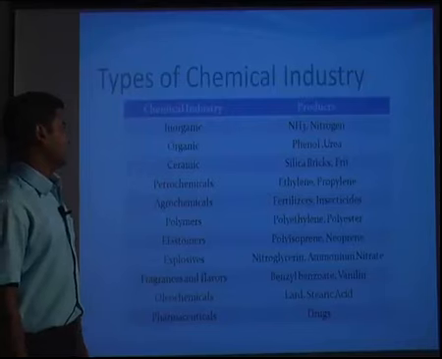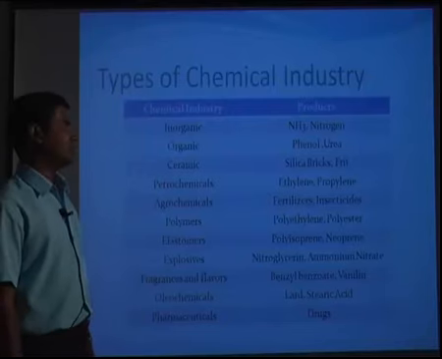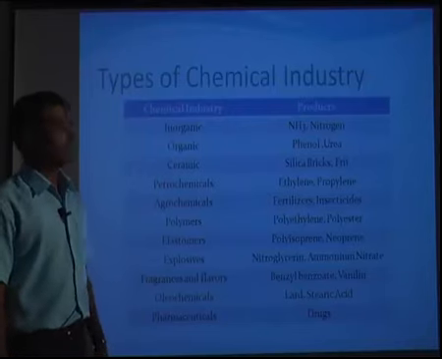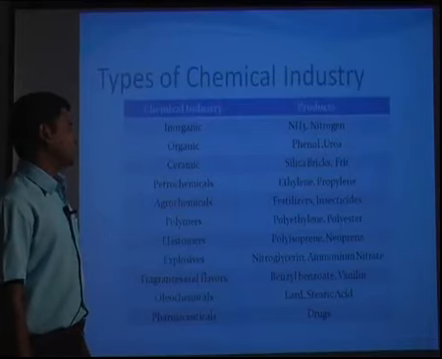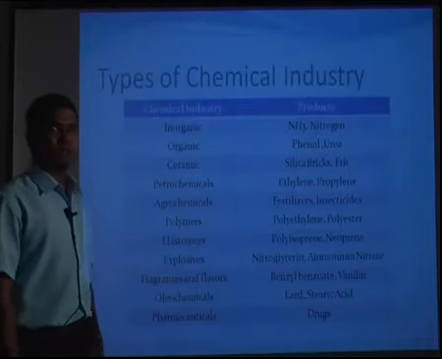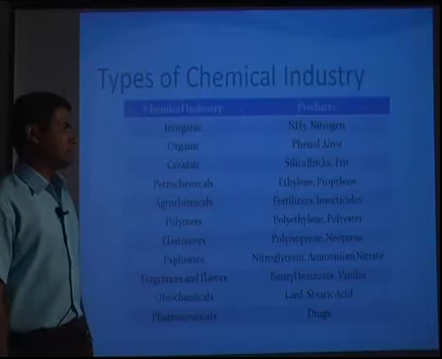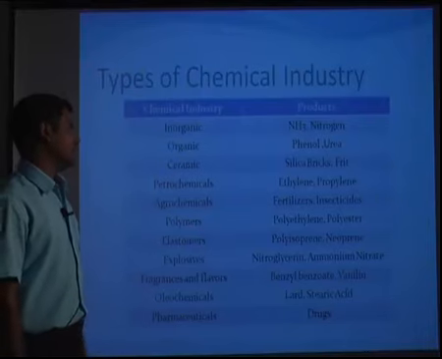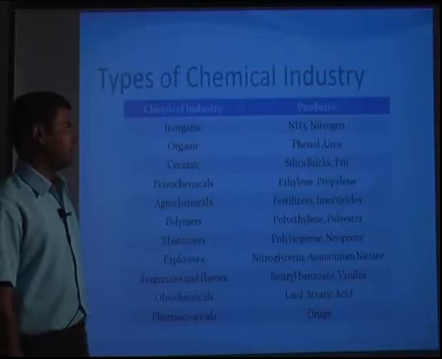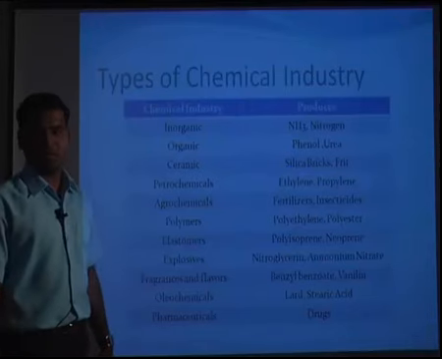In the case of inorganic, we have the examples of ammonia and nitrogen. Organic will include the basic chemicals and other complex chemicals that are again subdivided into other parts. So in organic, we have phenol and urea.